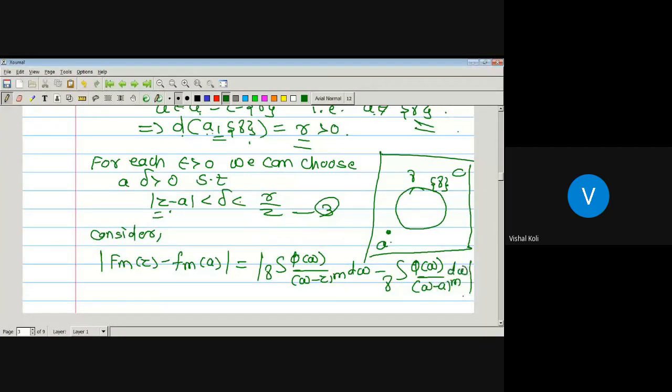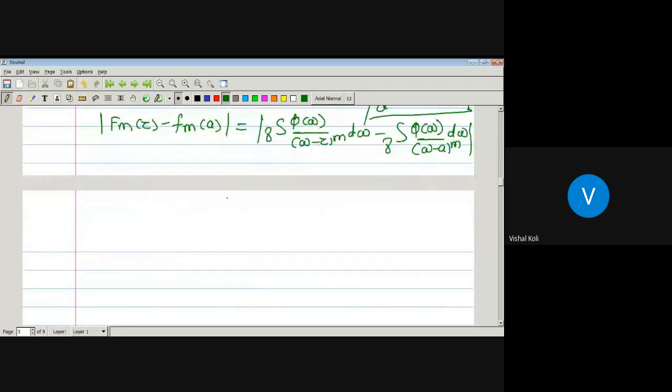As phi of w is common in both integrals, it is nothing but modulus of the integral over the curve gamma of phi of w into 1 upon w minus z to the power m, minus 1 upon w minus a to the power m, dw.